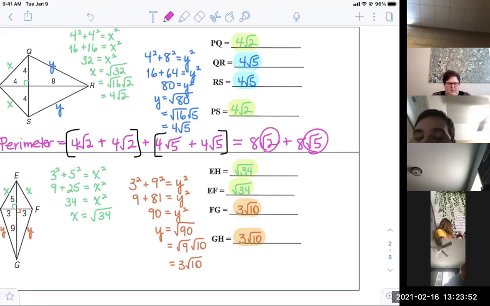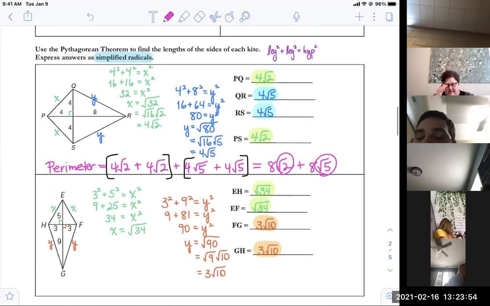So I think there is a question on the review that has a problem like that where I ask you for perimeter of the kite. The radicals, you can only add like radicals together, and it only changes the number in the front. So again, think of these kind of like variables, even though they're not variables, they sort of act like variables. And so again, you can't combine a square root of 2 with a square root of 5 term.